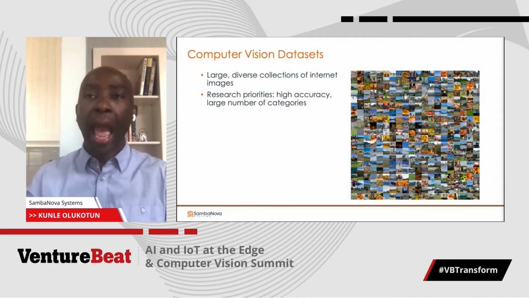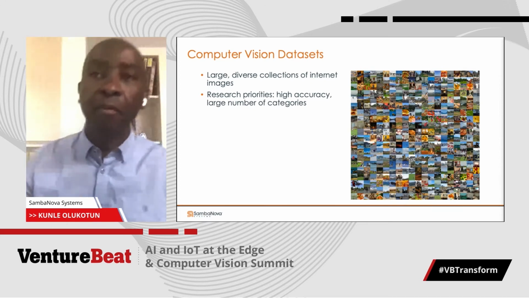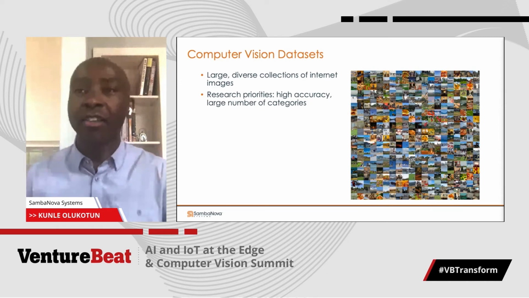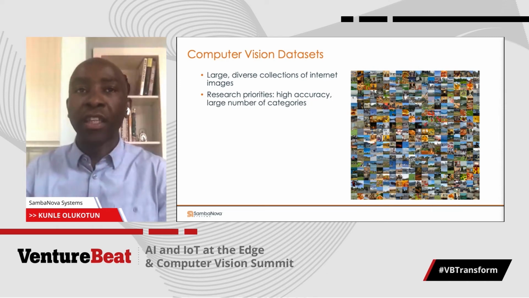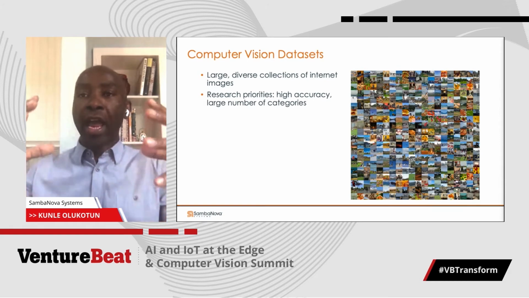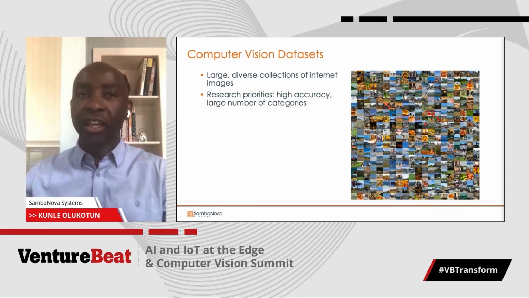So as an example, let's look at what might happen in an environment in which you have a camera, right? If you look at the traditional ways of doing camera processing, you start with images on the internet, images of cats and dogs and all sorts of other things. And your goal is to come up with a set of models that give you high classification accuracy among a large number of categories.